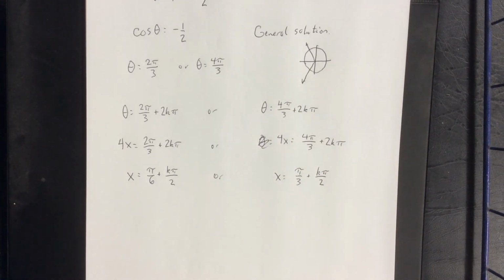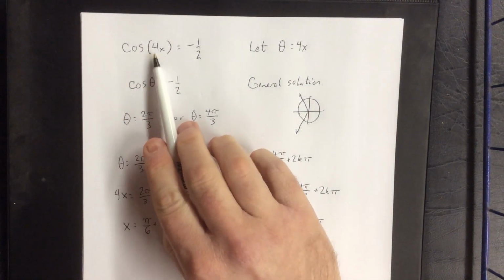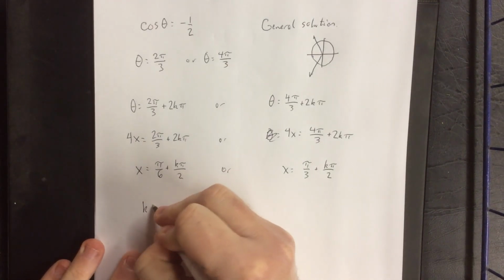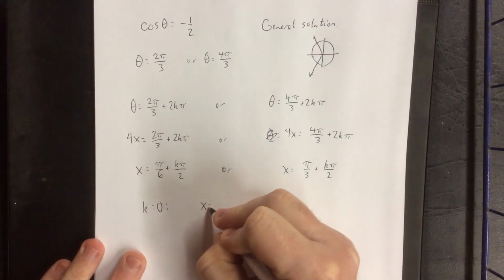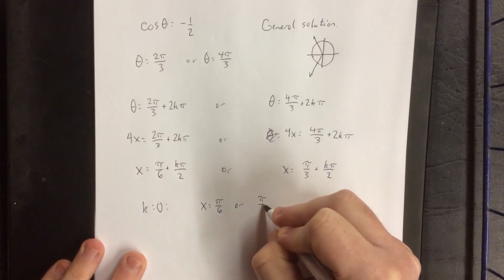Now there should be multiple values of k that, when we plug them in, should work out. In fact, there should be a total of 4 values of k that we plug in, starting at k equals 0. So for k equals 0, we would get simply x is equal to pi over 6 or pi over 3.